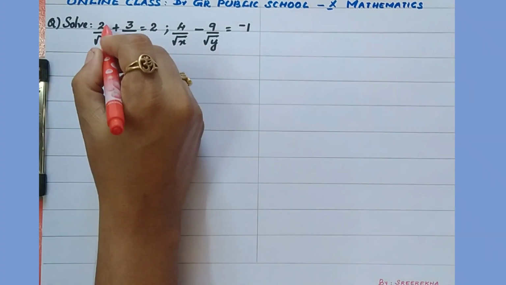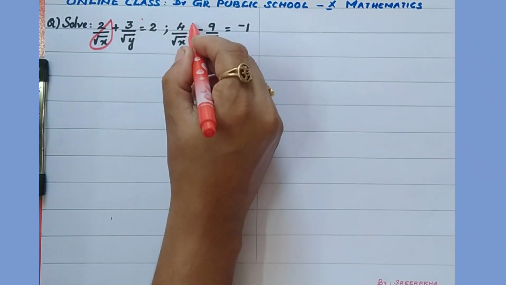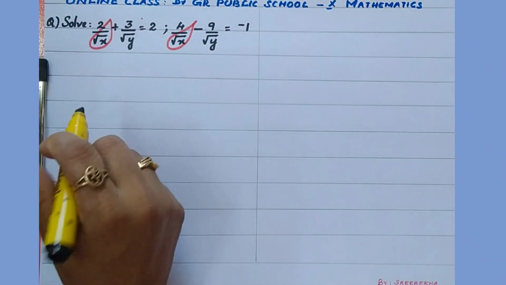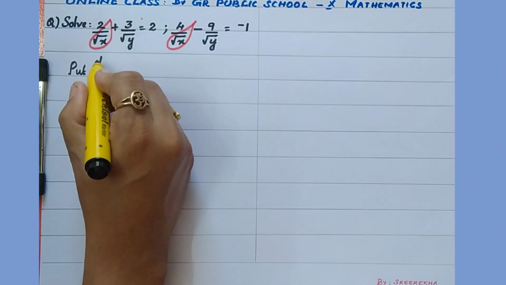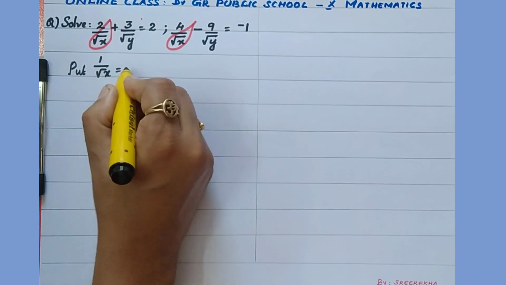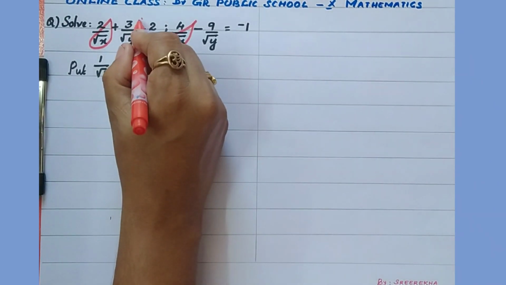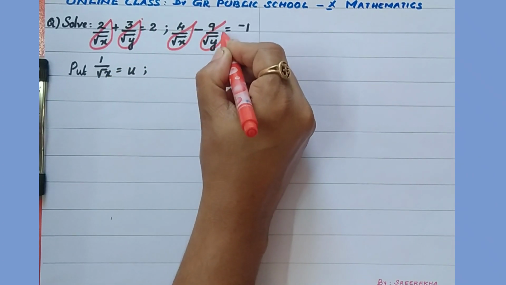Here 1 by root x you can make as u, and 1 by root x here also. So put 1 by root x equal to u. And in the same way, one more substitution we can make. Put 1 by root y, here also 1 by root y, here also 1 by root y.